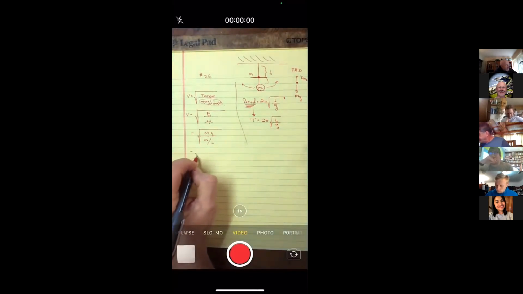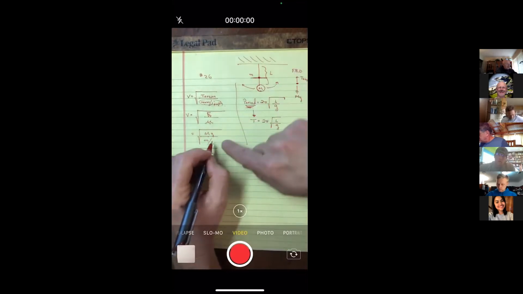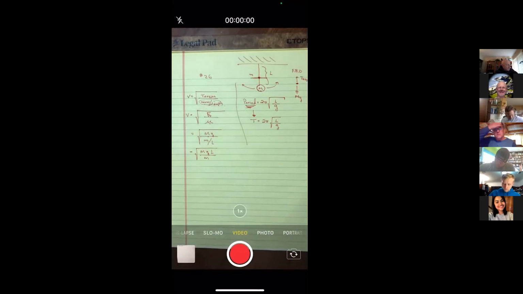Now, if I simplify this a little bit, I got the capital M, got the G, and the L can flip because it's a compound fraction, and so you flip and multiply. Okay.